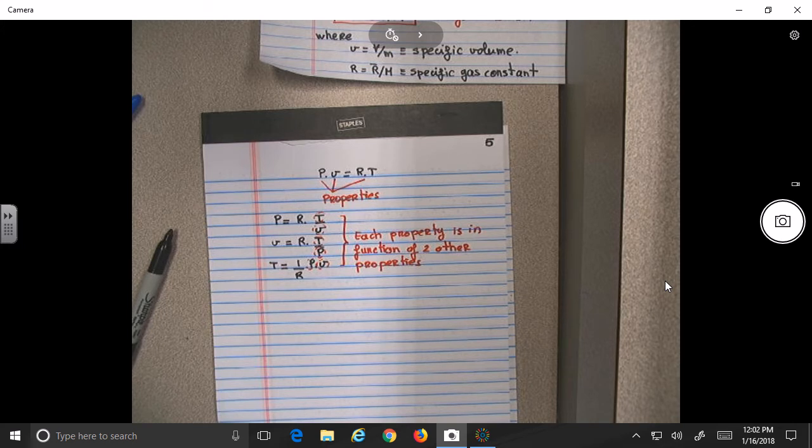So how do you do? You need to take partial derivatives.